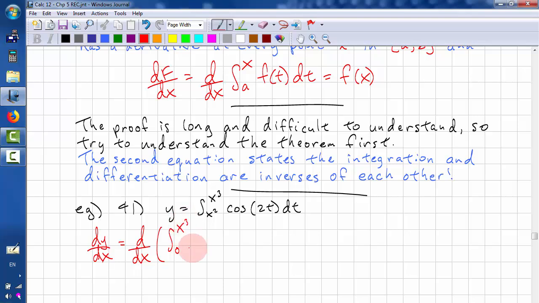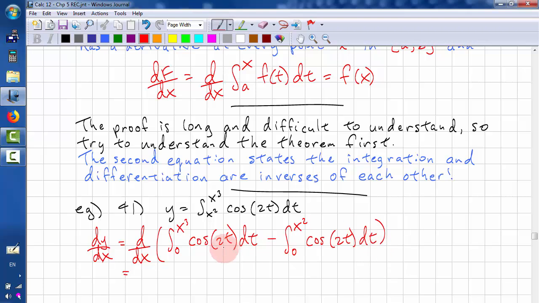Okay, so we're going to do this: the integral from 0 to x cubed of cos 2t dt, minus the integral from 0 to x squared of cos 2t dt, and bracket.